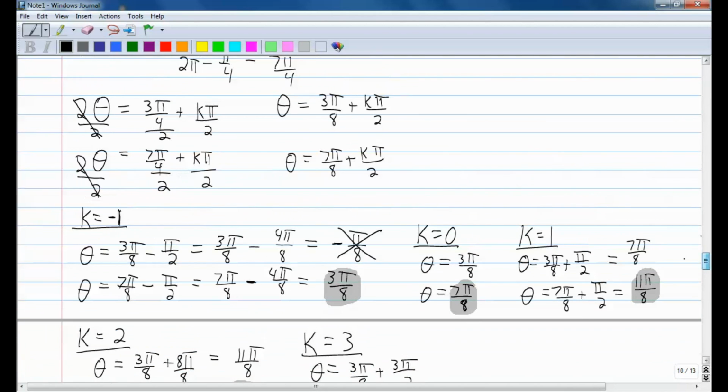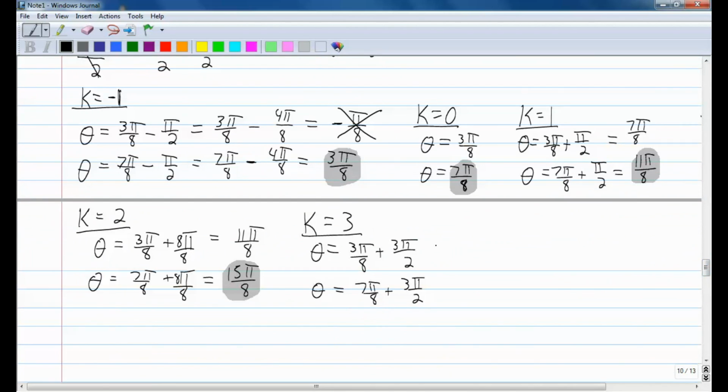From our formulas up here, if I plug in a 3, that becomes 3 pi over 2. Alright. 3 pi over 8 plus 3 pi over 2. It's going to be 3 pi over 8 plus, common denominator is 8. 2 goes into 8 4 times. 4 times 3 pi is 12 pi. So that's 15 pi over 8. That's a repeated answer that we just got.